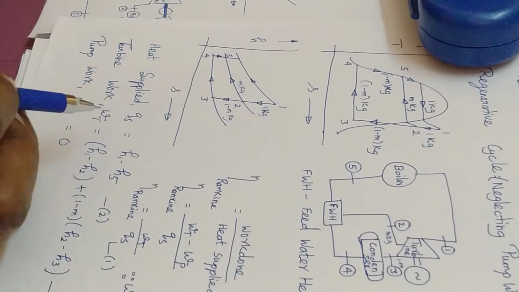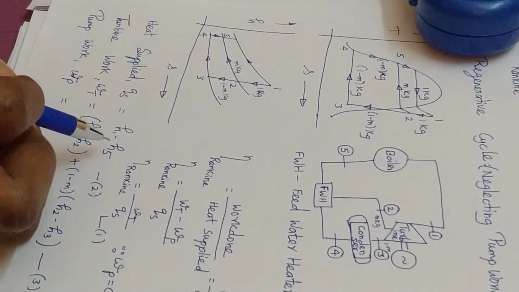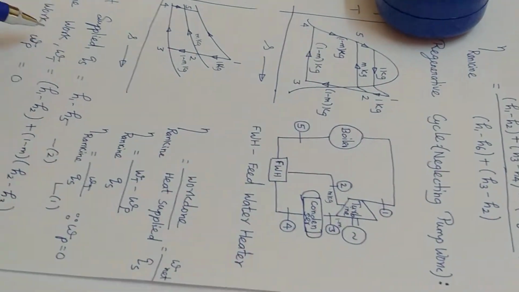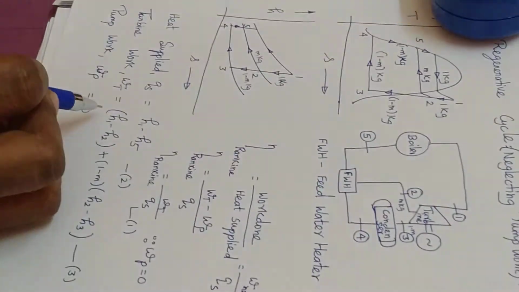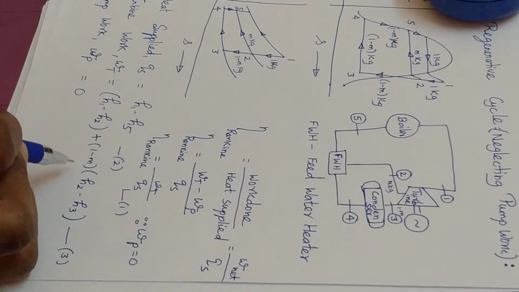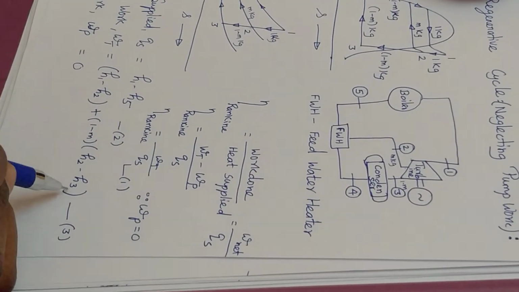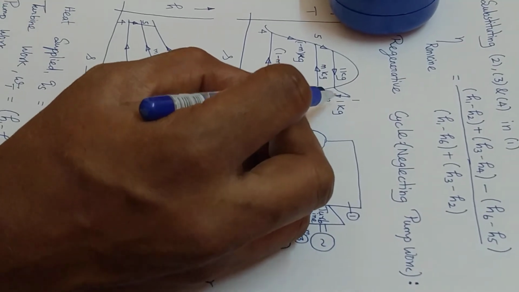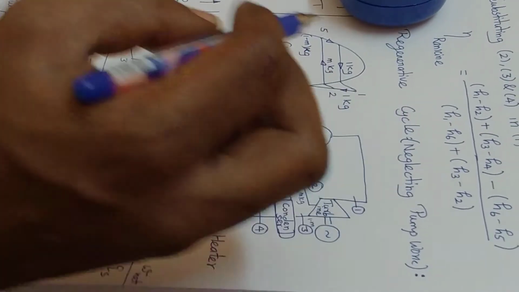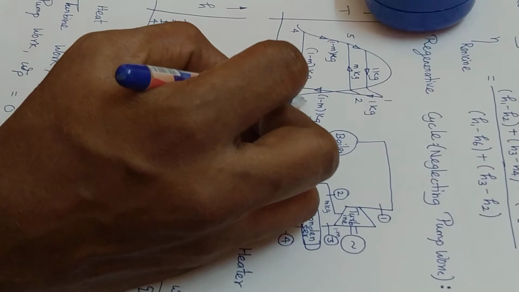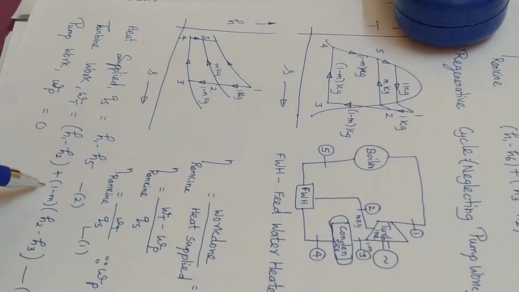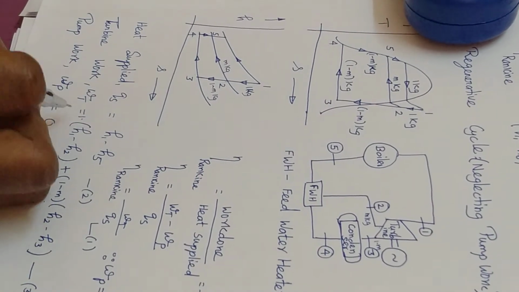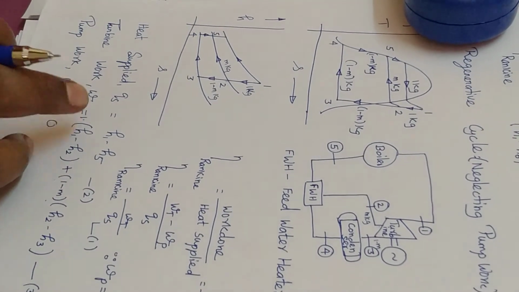So the heat supplied is H1 minus H5, which is taking place in the boiler, and the total turbine work is H1 minus H2 plus 1 minus m into H2 minus H3, because between points 1 and 2 the mass is 1, therefore 1 into H1 minus H2, plus between 2 and 3 the mass of the steam is 1 minus m, that is 1 minus m into H2 minus H3. This pump work we can consider, or we can neglect also.